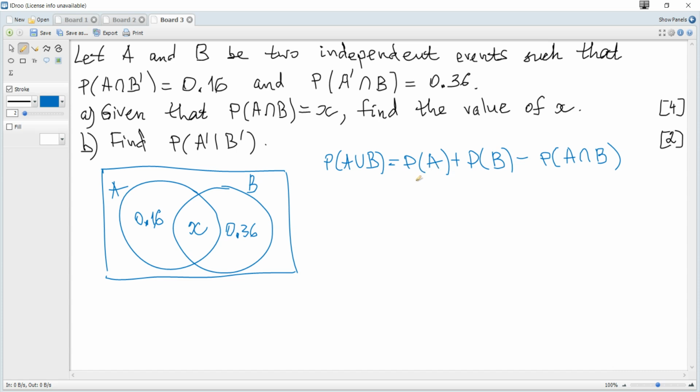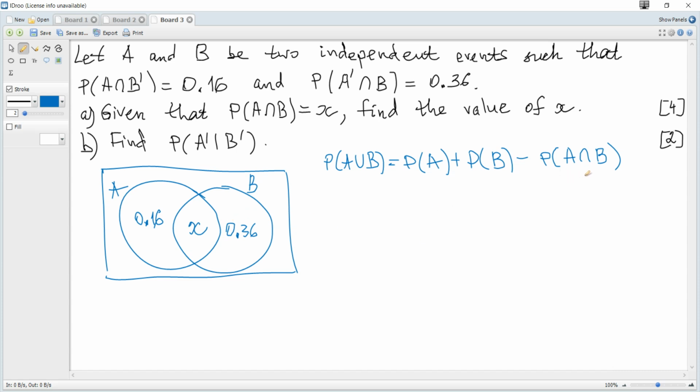The probability of A is equal to 0.16 plus x, because A means the whole circle, not A only. The probability of B is 0.36 plus x.